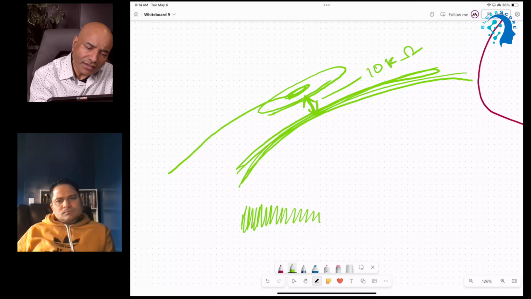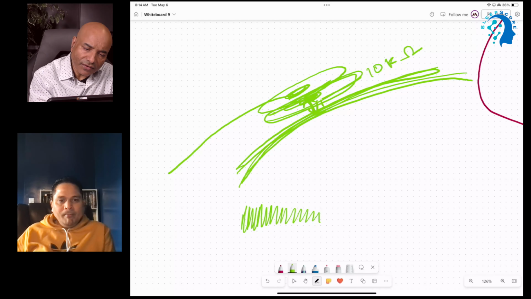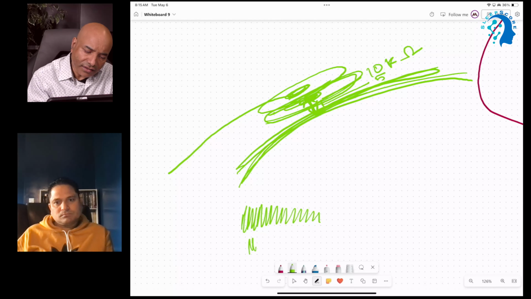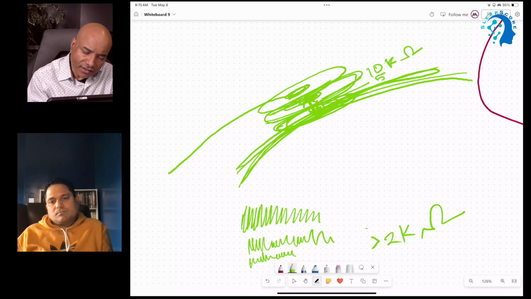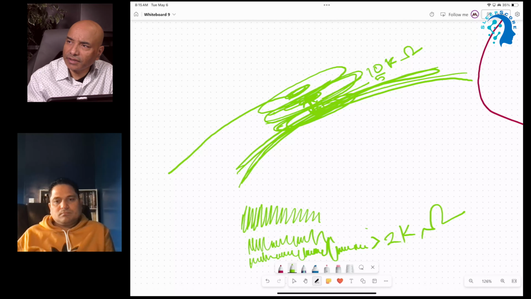But if this distance is closer, like let's say now this distance is 5 kilo ohm, that means electrode and skin are closer, so the signal will be nice. And if this electrode is placed over the skin very nicely, and the distance is less than 2 kilo ohm, then the signal looks even nicer with all K complexes and spindles and everything.